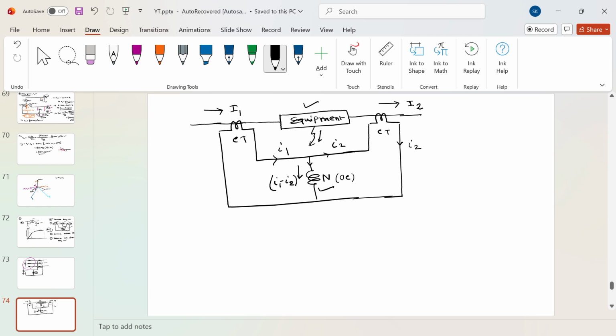But there is an issue with this simple differential relay, because in practice you may not get exactly matched CTs; the turns ratio may differ.